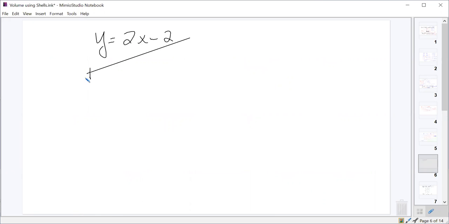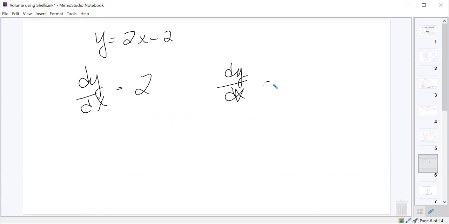And what is the derivative, dy dx? The derivative of this is 2, right? Well, we also said the derivative dy dx is 2x minus y. Well, we know what y is now, right? So if we wanted to, we could check that 2x minus y.